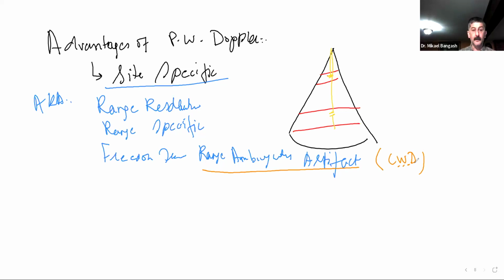But mainly because we are actually physically able to move our sample window across the image in the blood vessels. That's why we get that this is going to be site specific.